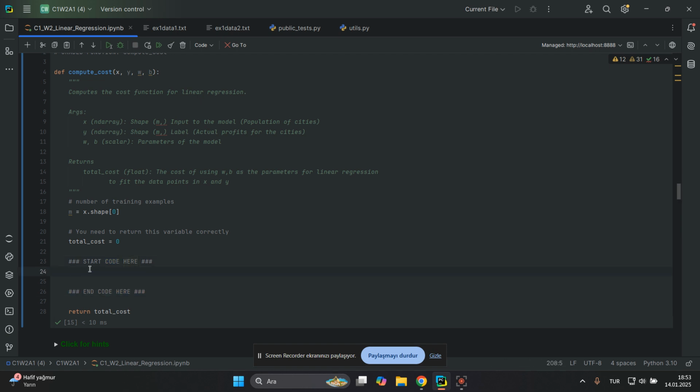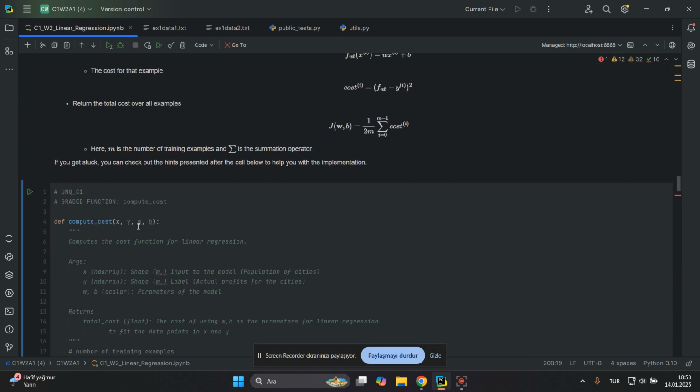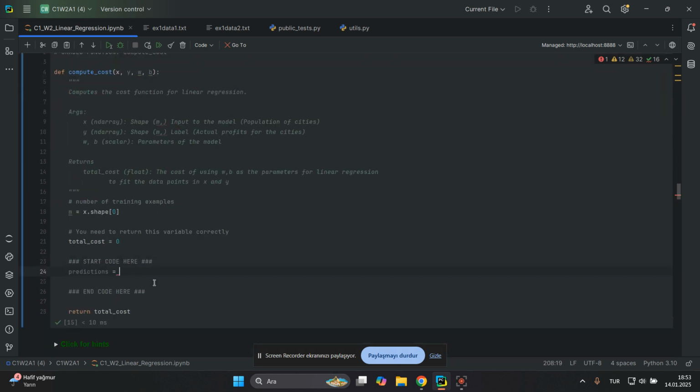First of all, I have to define the predictions. Predictions equal w times x plus b.